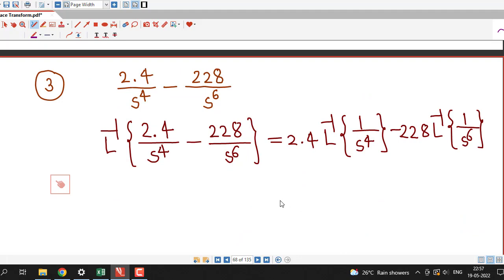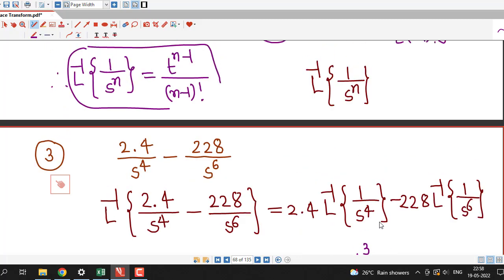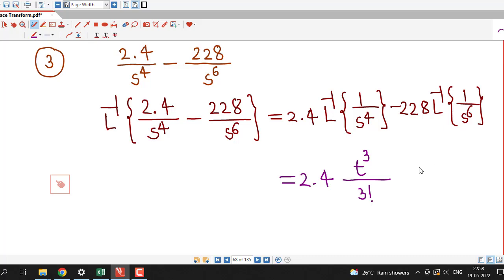So for n equal to 4 we will have 2.4 times t raised to n minus 1 divided by n minus 1 factorial. If we take n equal to 4 here, we will have t raised to 4 minus 1, that is t raised to 3 divided by 4 minus 1 factorial, that is 3 factorial, minus 228.